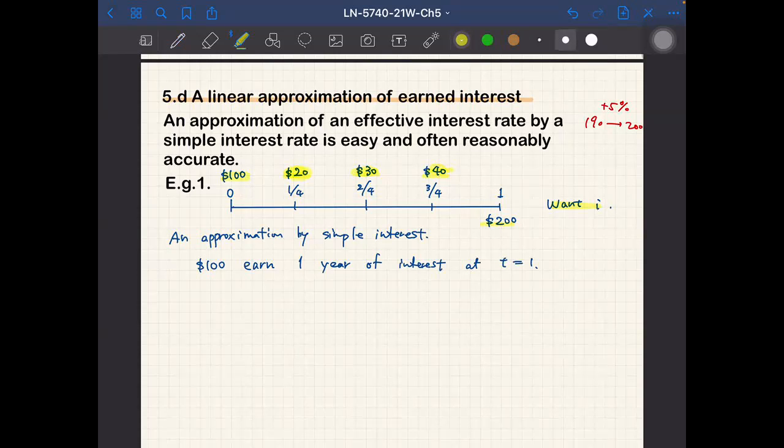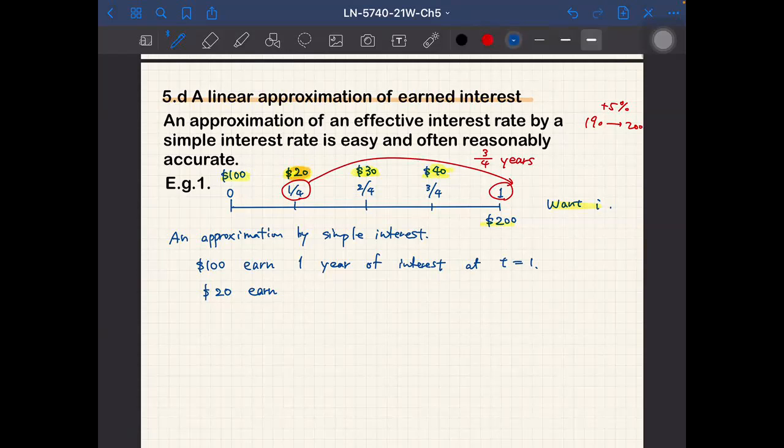Maybe this is the most important explanation. The $20 earns only 3/4 of a year of interest. Because we have t equal to 1/4, until t equal to 1 we have 3/4 years.